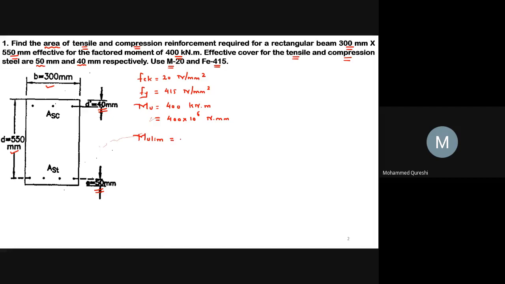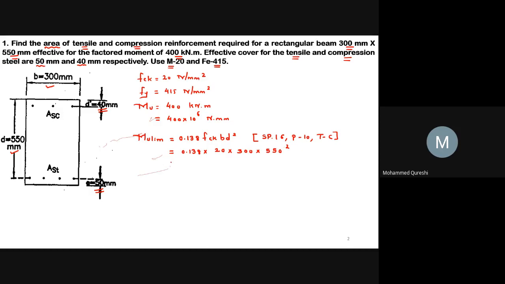Now, as the characteristic strength of steel is given as fy equals 415, for Fe415 we have the equation Mu limit equals 0.138 fck b d square. This equation is given in SP16, page number 10 and table number C. So fck is given as 20, b is given as 300 and small d, the effective depth, is 550. We put all these values in the same equation: 20 into 300 into 550 square.